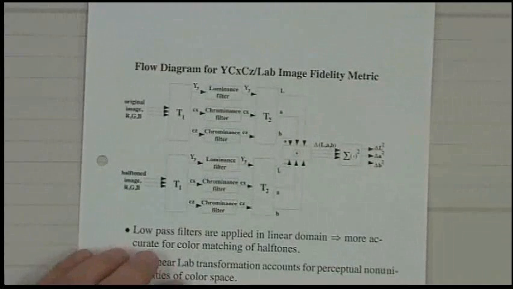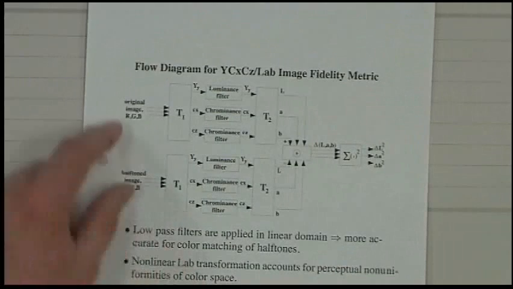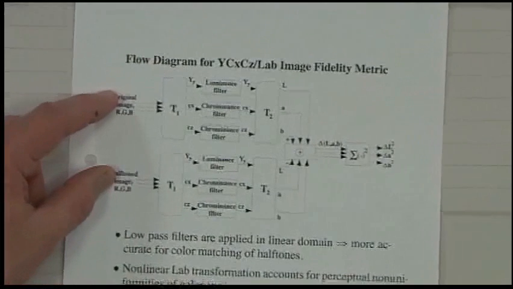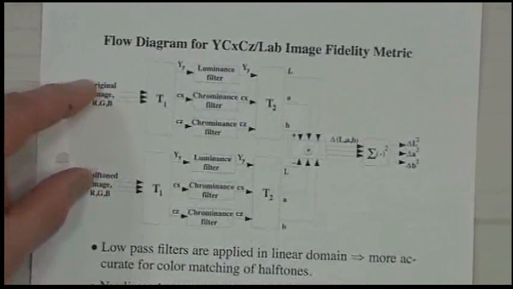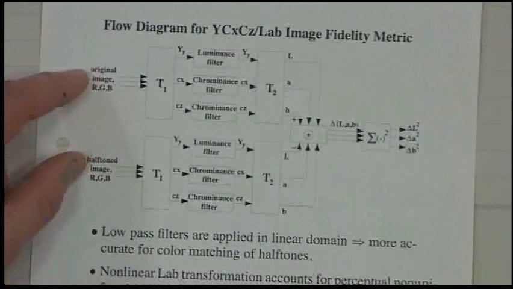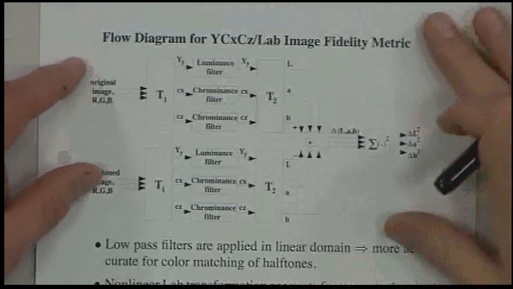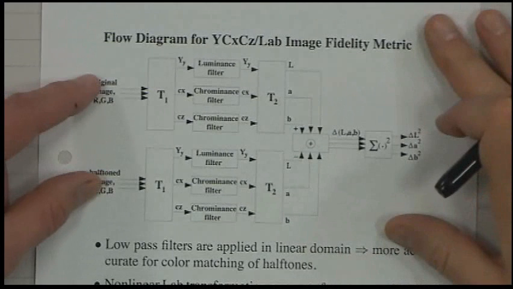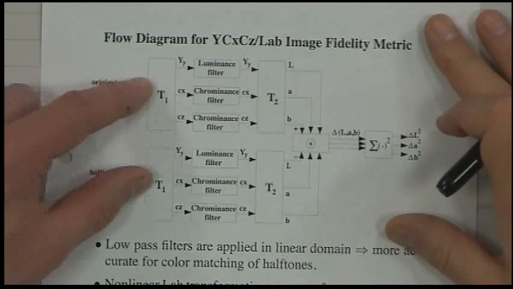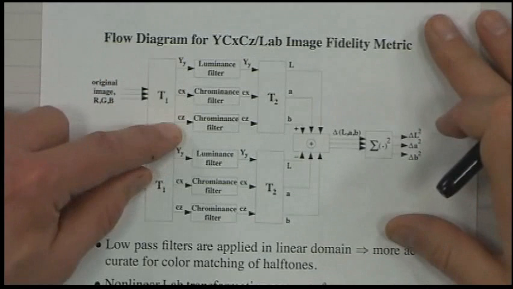So here is one possible way. You take the two images that are in RGB. If they're in linear RGB, that's fine. If they're in gamma corrected sRGB, you have to remove the gamma correction so that they're linear. Then you do a transformation to an opponent color space.